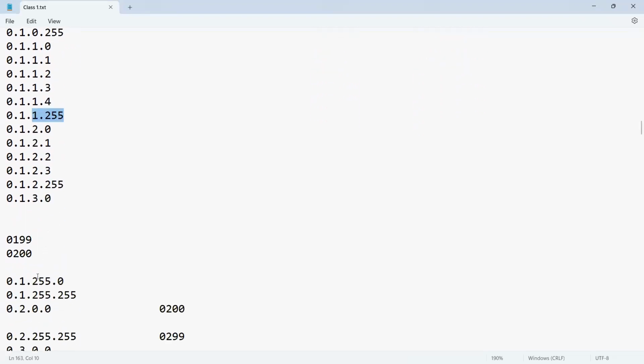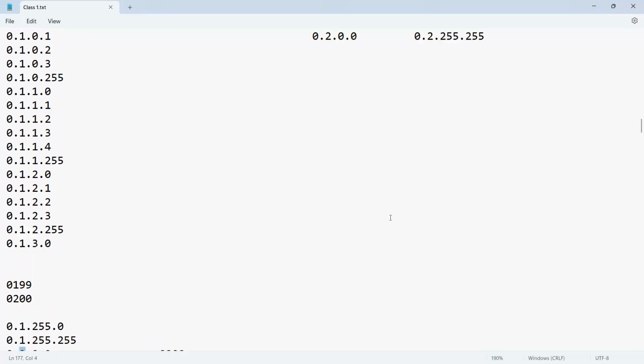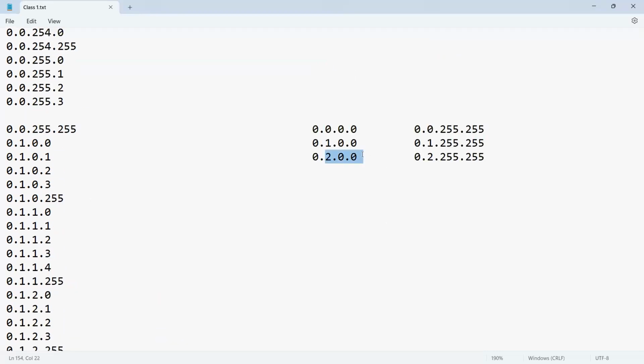This goes on and on, and somewhere you'll have 0.255.0.0 up to 0.255.255.255. Then this one changes to 2.